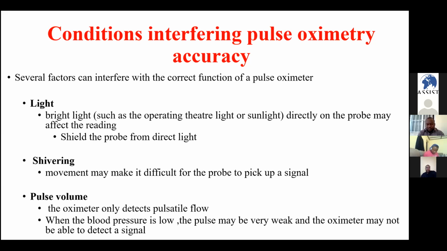So you have to pay attention. And when the patient is shivering, we have seen the quality of the signal detected is not going to be good. The pulse volume as well, especially in patients who are hemodynamically unstable, very hypotensive, or in shock.